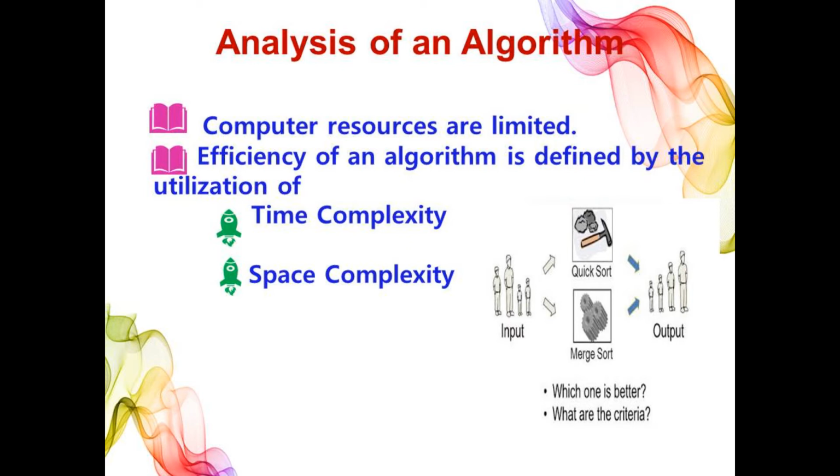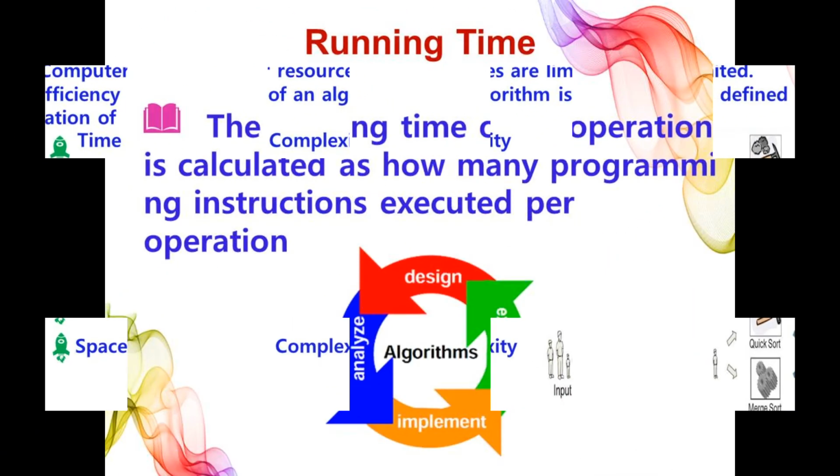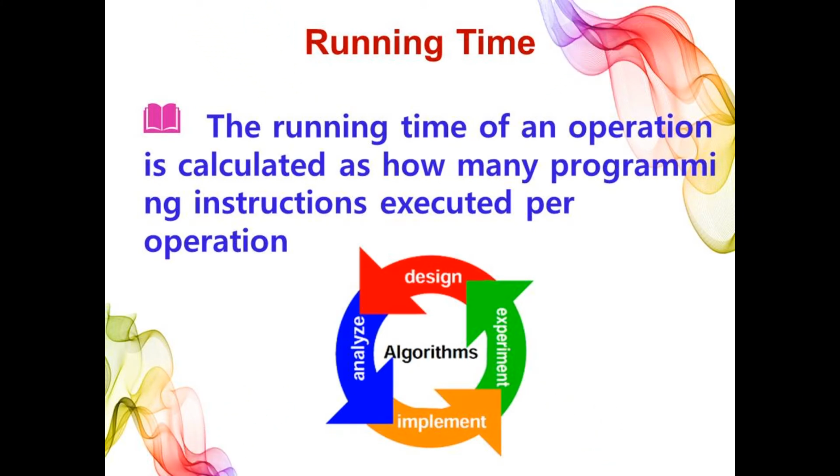An algorithm can be analyzed by dealing with the running and execution time of the various operations involved. The running time of an operation is calculated as the number of programming instructions executed per operation.